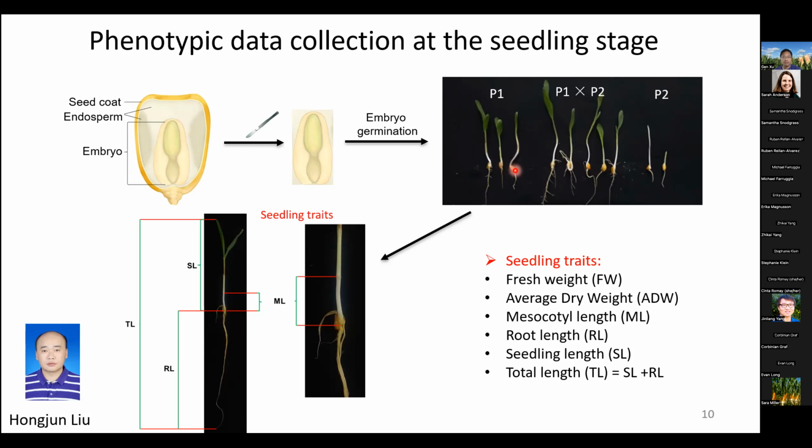Once we had the seedlings, we collected their fresh weight, dry weight, mesocotyl length, shoot length, root length, and total length.